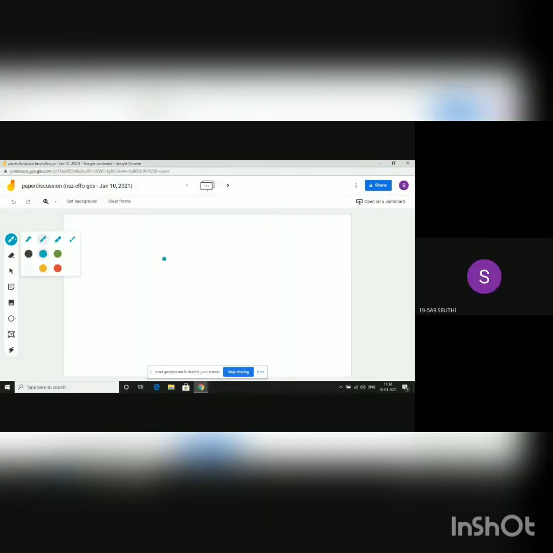Our question is to convert a given binary code to a gray code. So, for converting a given binary number to gray code, we follow a few steps. Suppose we have a 4-bit binary number, for example, say 1011.